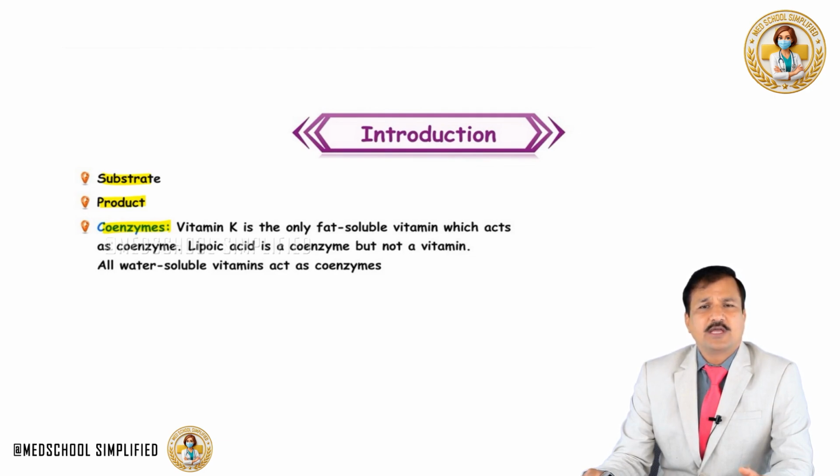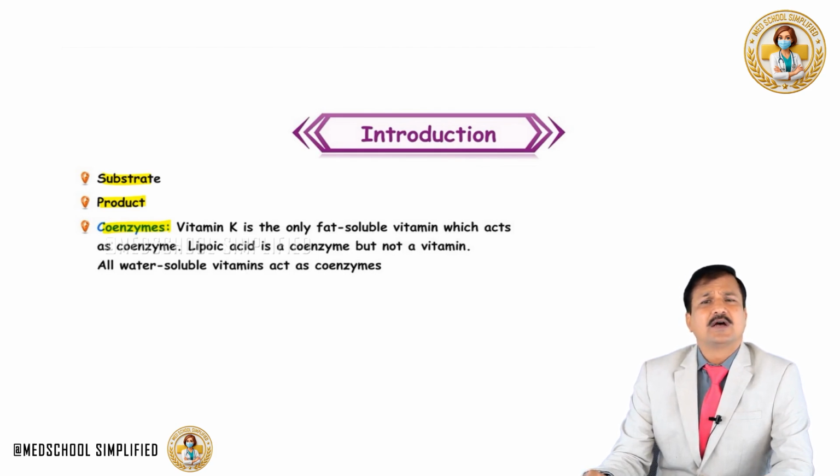There are so many examples for coenzymes. The majority of the water soluble vitamins act as coenzymes. Out of the fat soluble vitamins though, vitamin K is the only one that acts as a coenzyme.